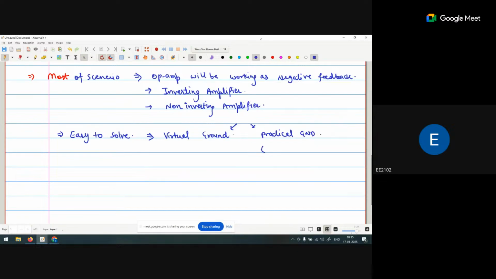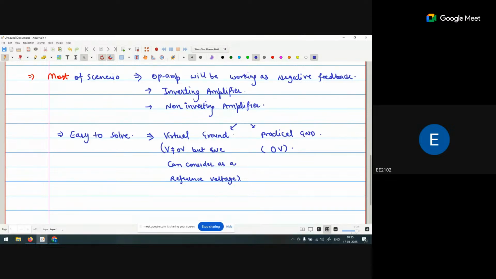Practical ground is where ideally the potential is 0 volt, and virtual ground is where the voltage is not equal to 0 volt, but we can consider it as a reference voltage.